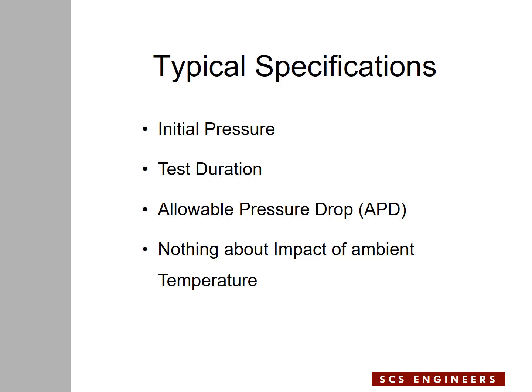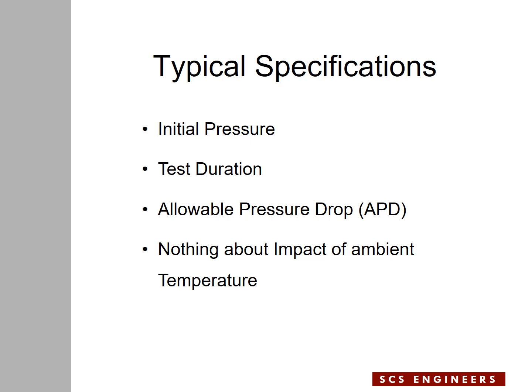Normally the specification for pressure testing is put forward by the design engineer, and parameters such as initial pressure, test duration time, and allowable pressure drop (APD) are specified by the design engineer.